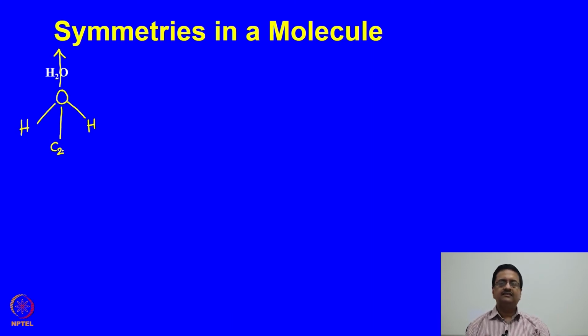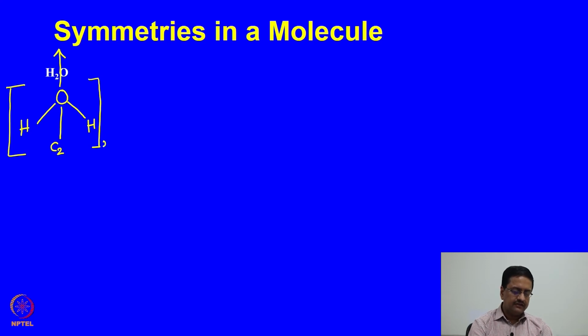What else? What other symmetry elements are present in this molecule? The other symmetry element that is present in the molecule is the mirror plane, which is the plane of this board, and that mirror plane contains the C2 axis.